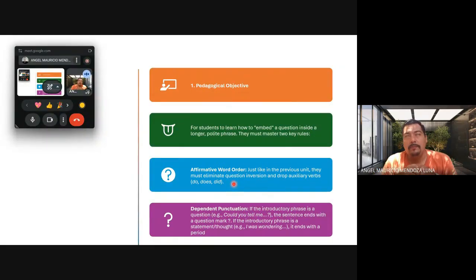This is quite important because when making direct questions, I'm pretty sure that all of you know that you must invert the word elements. For instance, if you are gonna say something in positive, you use basically a subject, a verb, and a complement. That's the simple structure of a sentence.